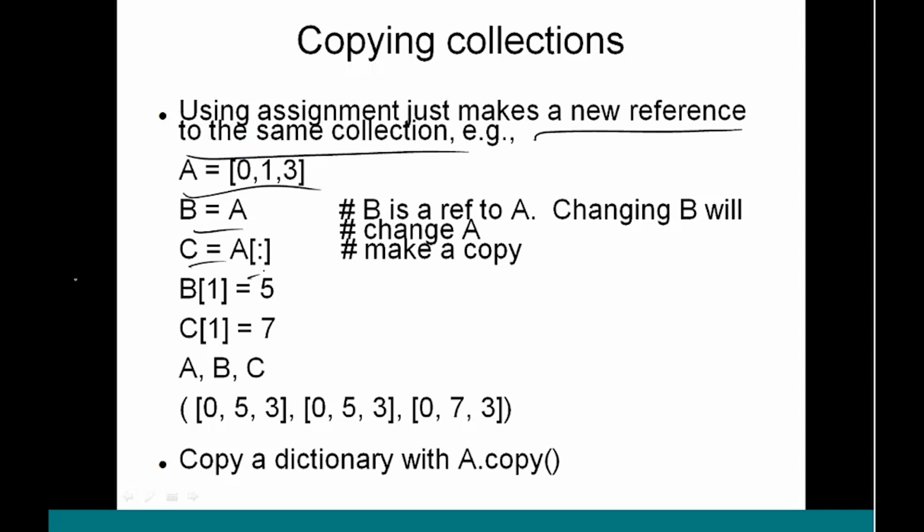And then if we set B[0] equal to 1 and C[0] equal to 1, and then we ask to print A, B, and C, it prints the resulting lists.